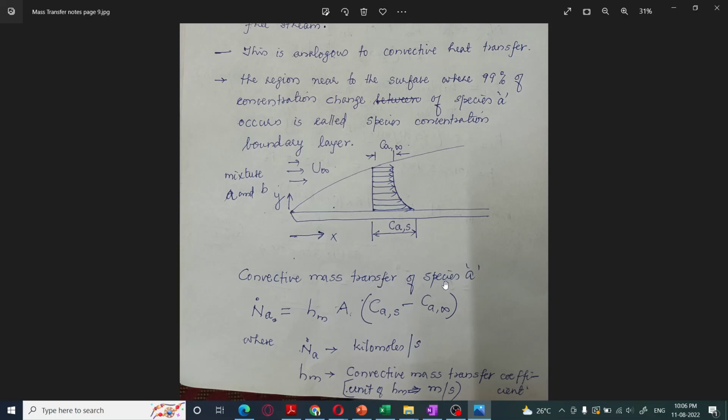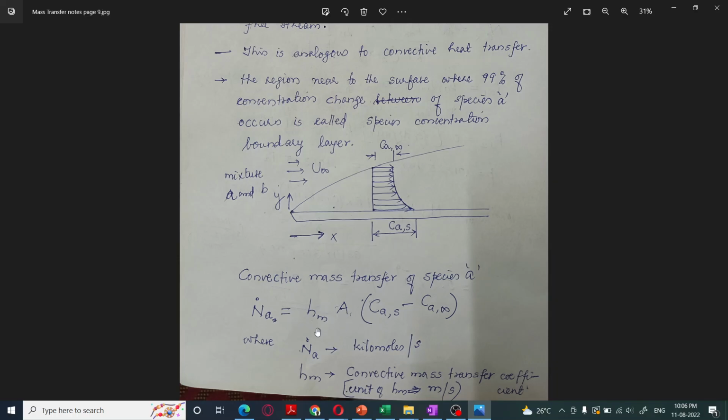So the convective mass transfer N dot A can be written, just like we have convection heat transfer, h into area into the concentration of species A at the surface minus the concentration of species A at the free stream. Here this coefficient, similar to the convective heat transfer coefficient, is called the convective mass transfer coefficient.